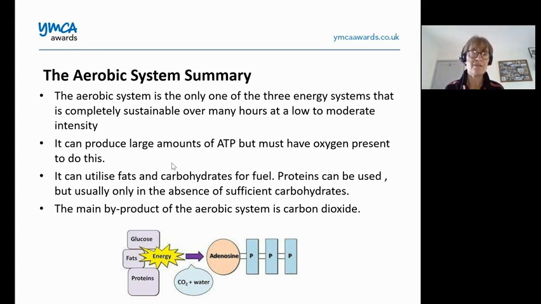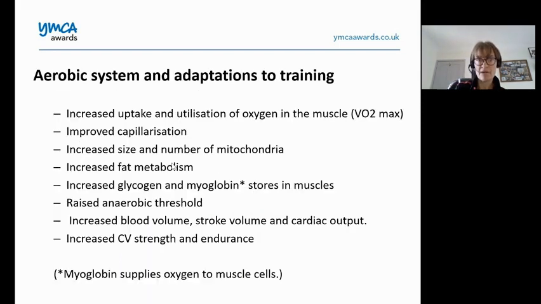This is the kind of thing that uses the aerobic system. It can produce large amounts of ATP, but it must do so in the presence of oxygen. Fats can only be burnt in the presence of oxygen. As I say, proteins are used only in the absence of sufficient carbs, and the main byproduct is carbon dioxide.